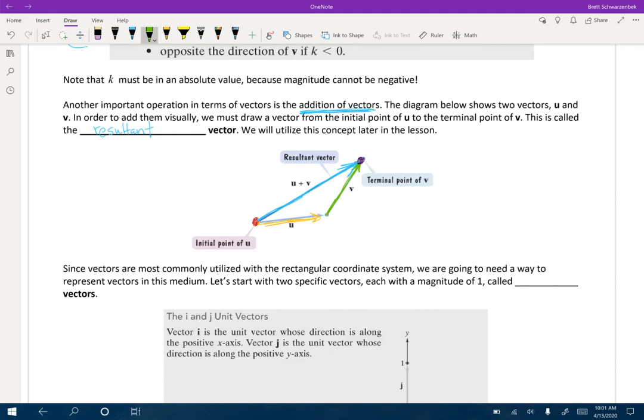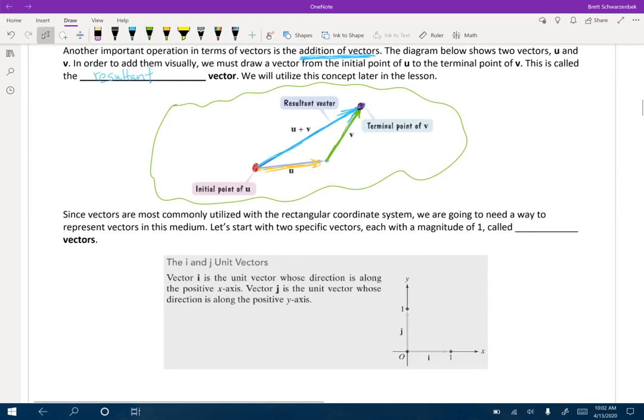Also, interestingly enough, it creates a very nice triangle. The triangle is also going to come into importance later on when we do some of the problems, specifically creating a right triangle.